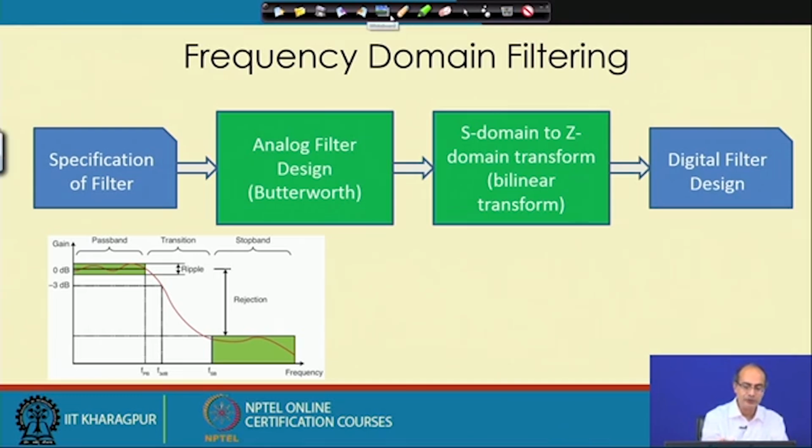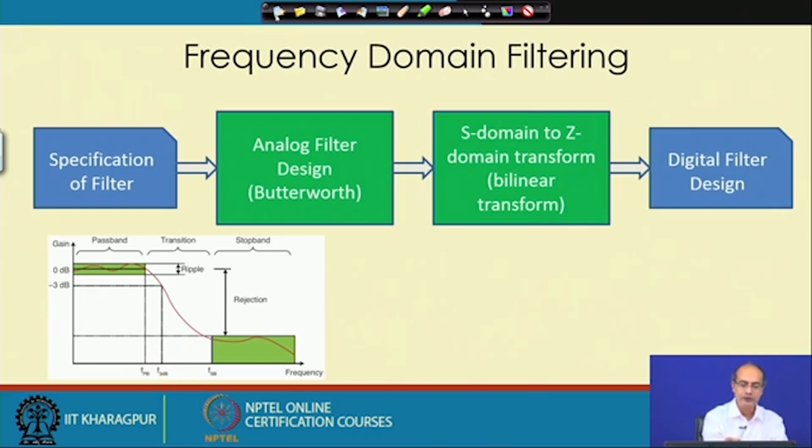The first thing we need to give is the cutoff frequency. Sometimes it is given as the 3 dB bandwidth, which is the cutoff frequency of this filter. This is the minimum we need to give for a low pass filter. For a high pass filter also, if we negate it, 1 minus the low pass filter, we get the high pass filter. So there also we need to give this cutoff frequency.